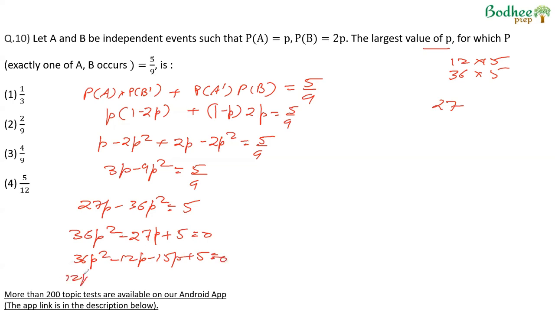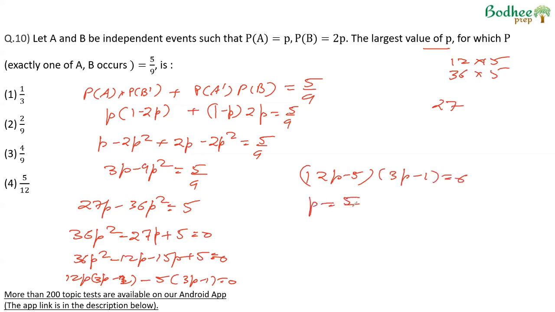Taking out 12P common, 12P into (3P minus 1) minus 5 into (3P minus 1) is equal to 0, which means (12P minus 5) into (3P minus 1) is equal to 0. So either P is 5 by 12, or P is 1 by 3. Largest value of P: 1 by 3 is nothing but 4 by 12, therefore the larger value is 5 by 12, so P becomes 5 by 12, option 4.